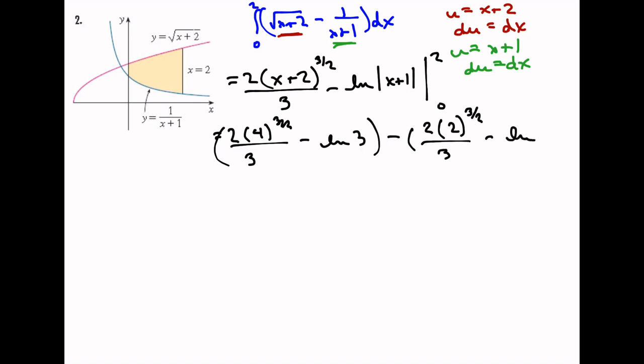Minus the natural log of 1. Okay, so what is 4 to the 3/2? All right, 4 to the 3/2 means take the square root of 4, which is 2, and then cube it, and that gives me 8. 8 times 2 is 16/3.